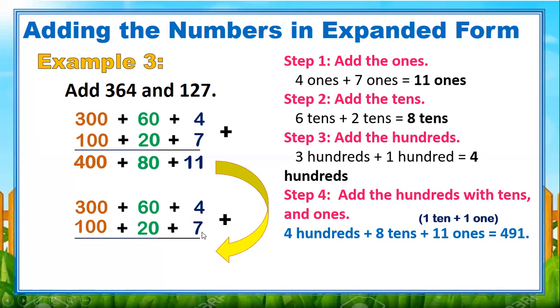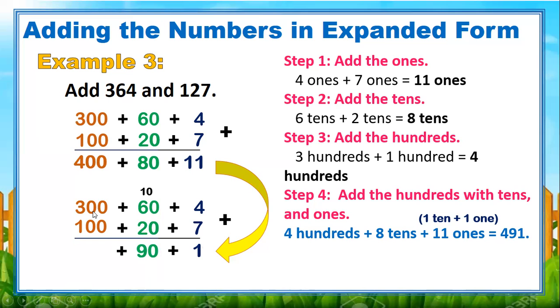Okay, so 7 plus 4 plus 7 is equal to 11, right? So we are going to write 1 here, and then we need to move 10 to the tens column. So 10 plus 60 plus 20 is equal to 90.